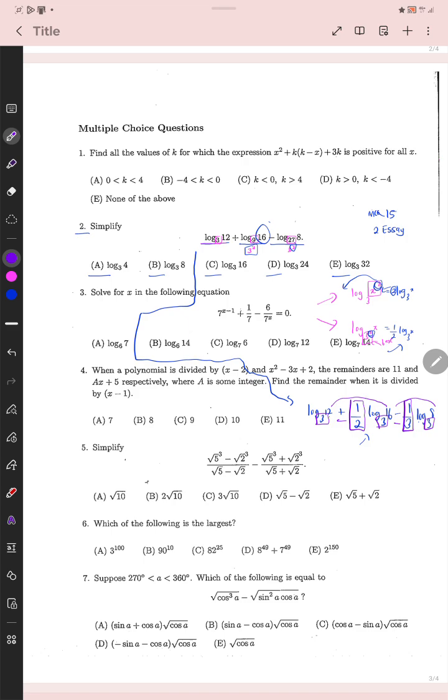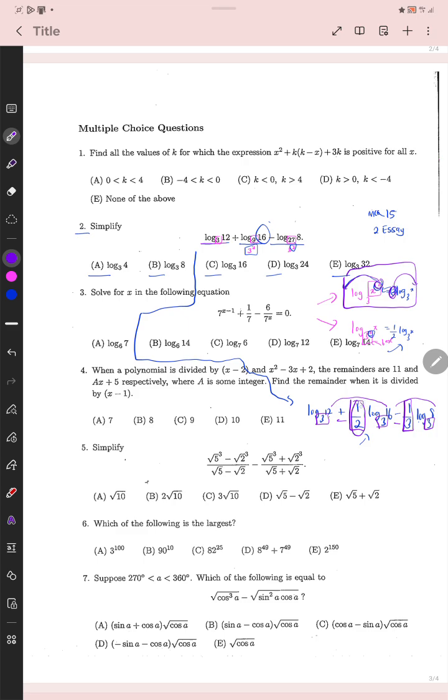Just like the rule says that if you have a power you can take it out and write it in front, the other way applies as well. When you have a value in front of the log, you can take it into the log as a power.